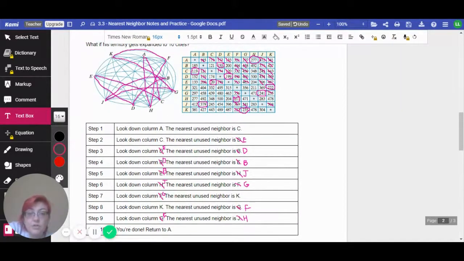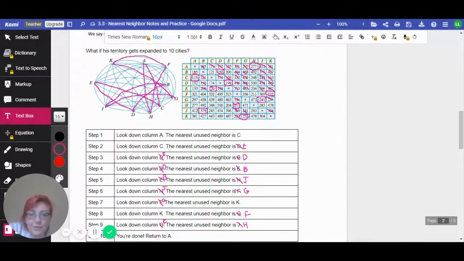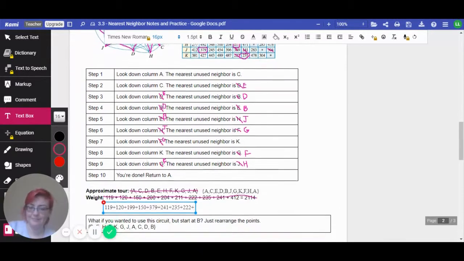F to, no. A to C, C to E, E to D, D to B, B to J, J to G, G to K, K to F, F to H. There we go. Woo! 211.